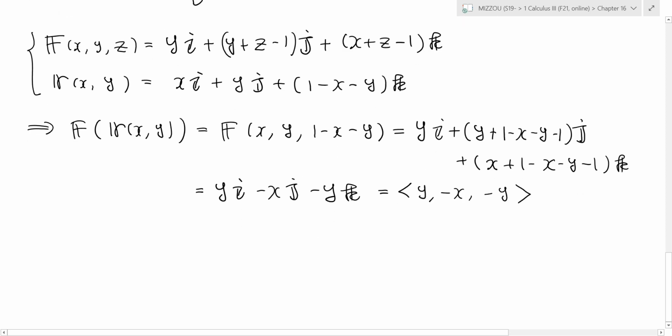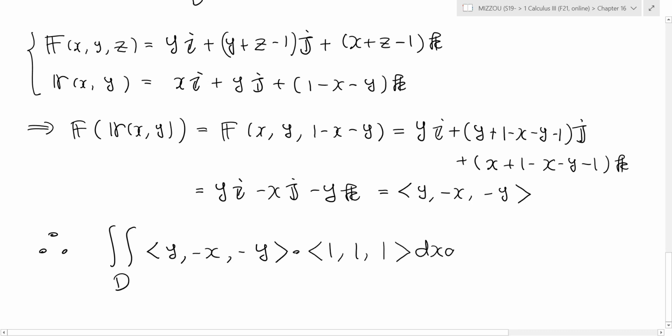So therefore, the answer is you double integrate over D of (y, negative x, negative y) dot (1, 1, 1) dx dy.